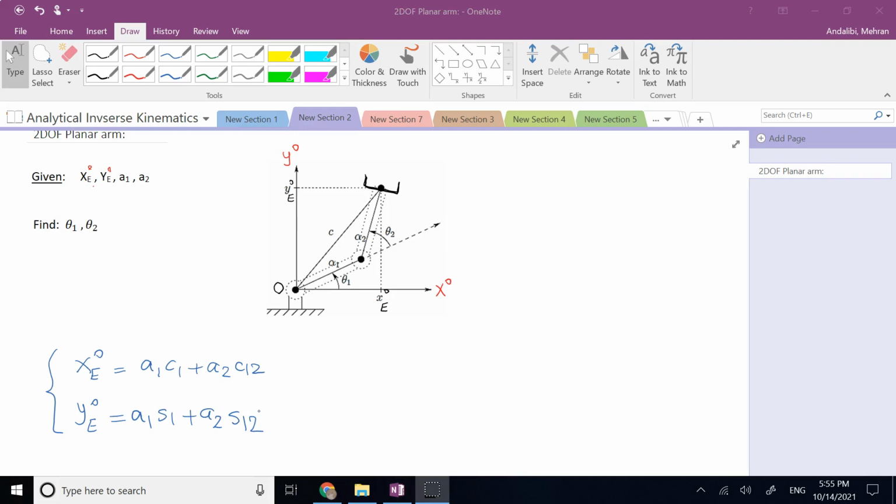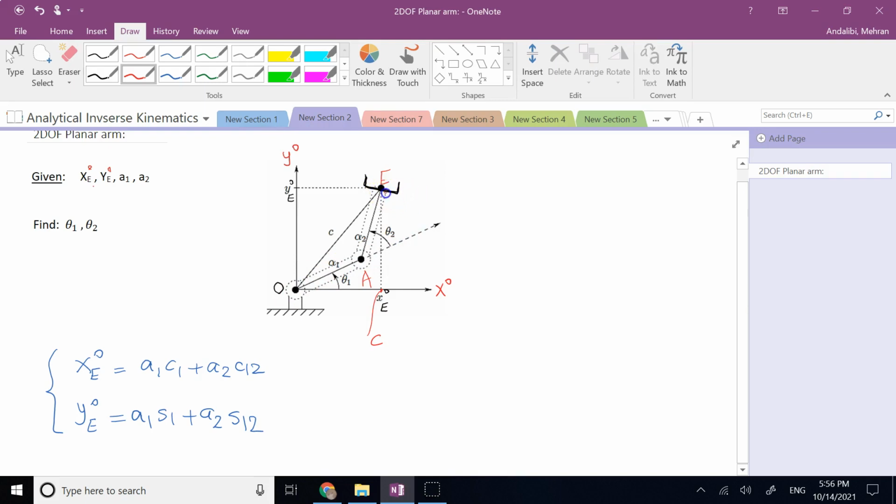First, the geometric approach. Here I'm going to name the origin O. I'm going to name the first joint A, or second joint really, and the end effector E. I'm also going to call the point where this x of e is happening, this point, if you don't mind, point C. And I also need to draw a perpendicular from E to the line of action for member 1.